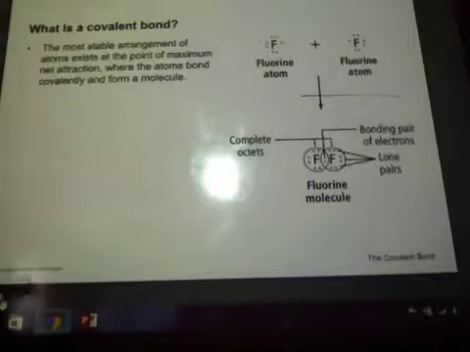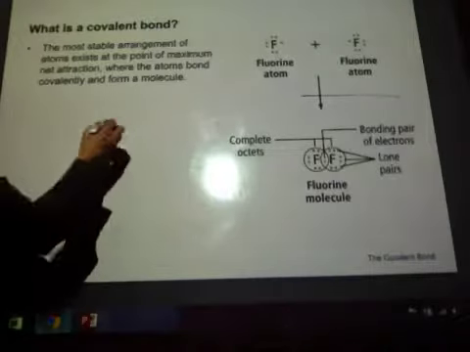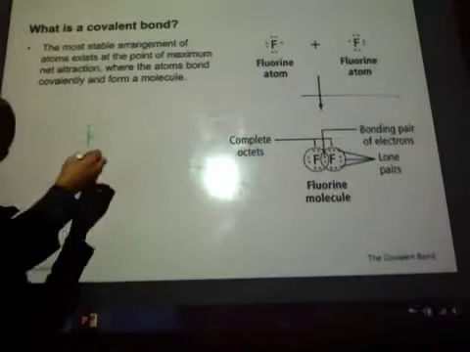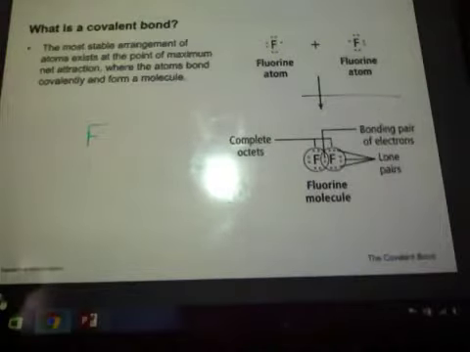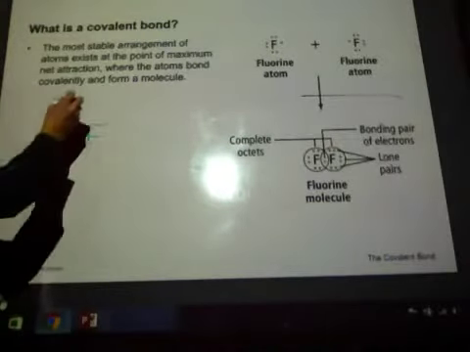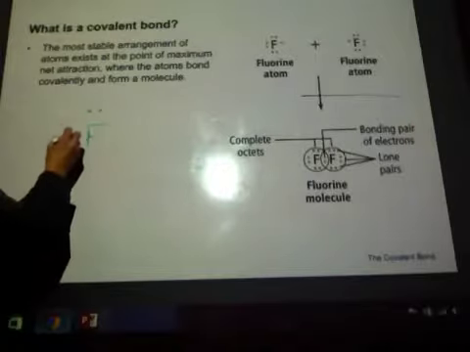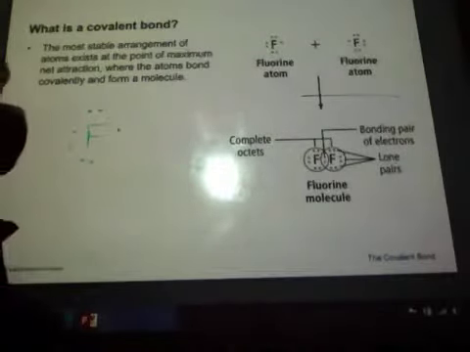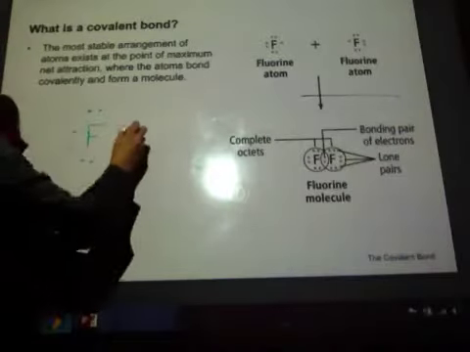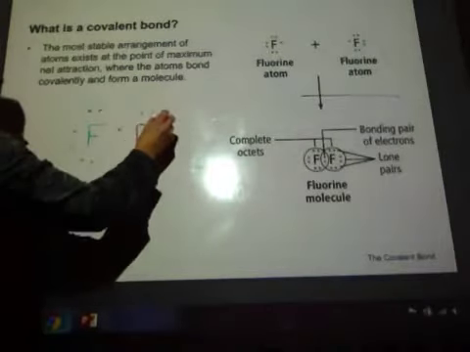And when we talk about the electrons, they're going to have names. So they're looking at fluorine. So if I have this fluorine, fluorine has how many valence electrons? 7. 1, 2, 3, 4, 5, 6, 7. And this fluorine has 7.